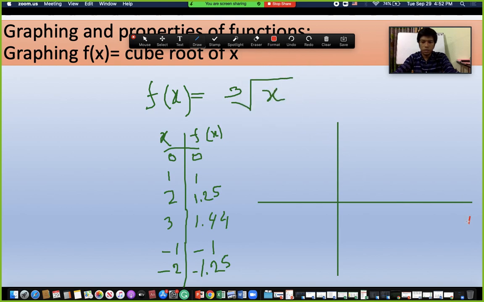This is our x-axis and this is our y-axis.